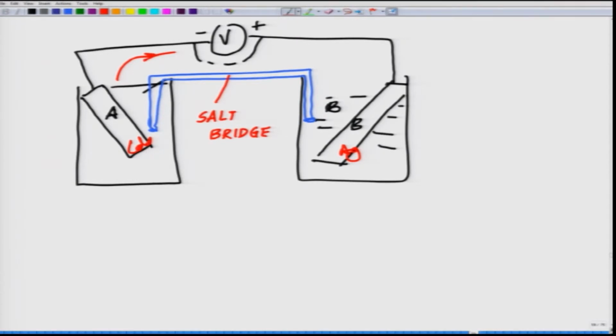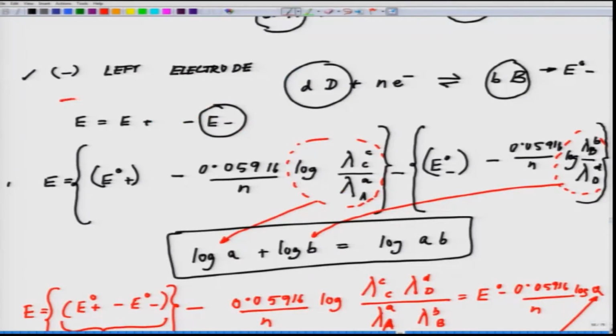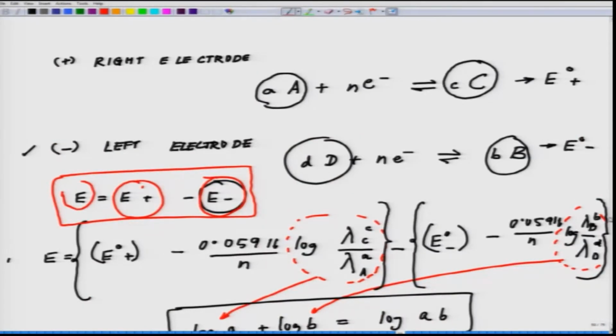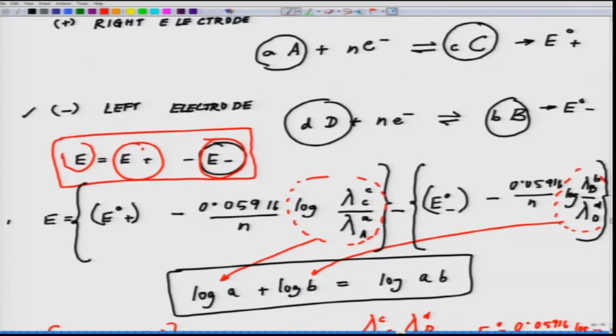If you look at this reaction, this is how we measure, right. This is the potential, this is positive, this is E negative. And this is how we make the left electrode and the right electrode. If everything is the same, if both the electrode reactions are the same, will the current flow across it or not?